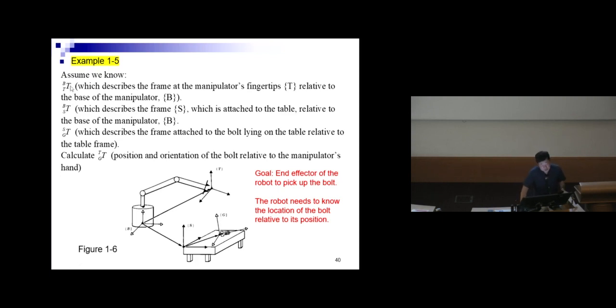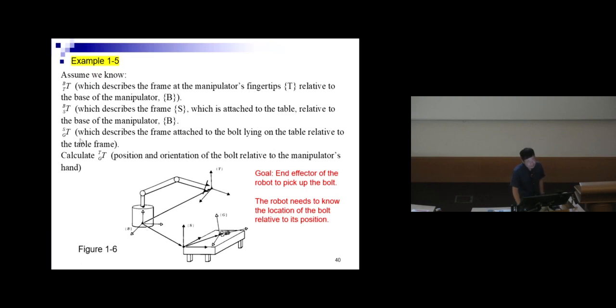So if we assume that you know BTT, meaning you know this reference frame T with respect to the base frame, so your robot is in this position, you know the end effector with respect to B. So you also know BXT, meaning you know the reference frame that you established for the table, the frame you attach to the table, with respect to the base of the manipulator.